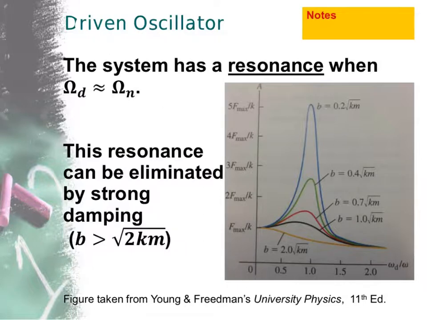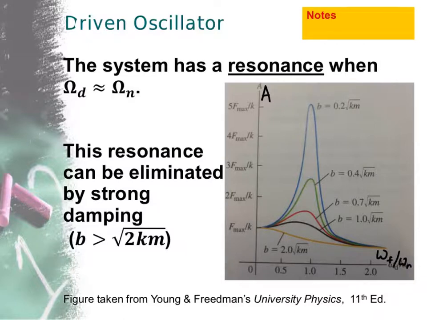Okay, so what you see on this graph is amplitude, A, the amplitude of our displacement. And along this axis, you see omega, it's actually omega_F divided by omega_N.